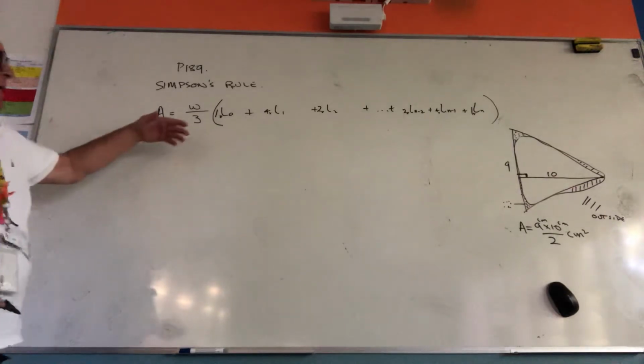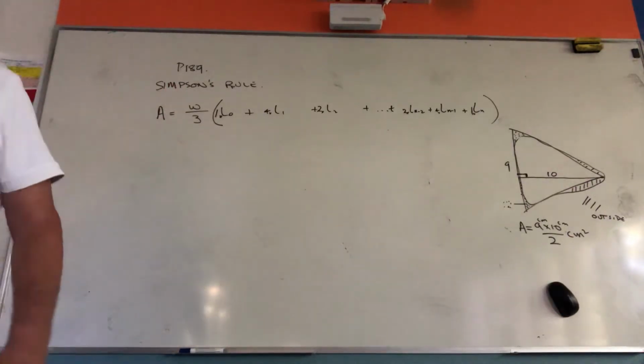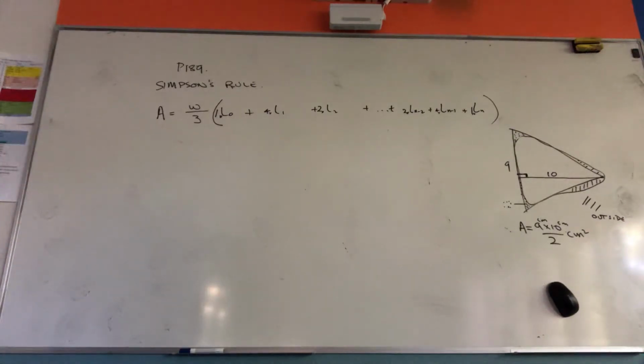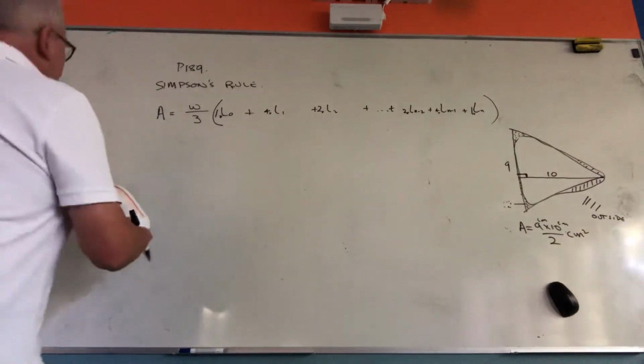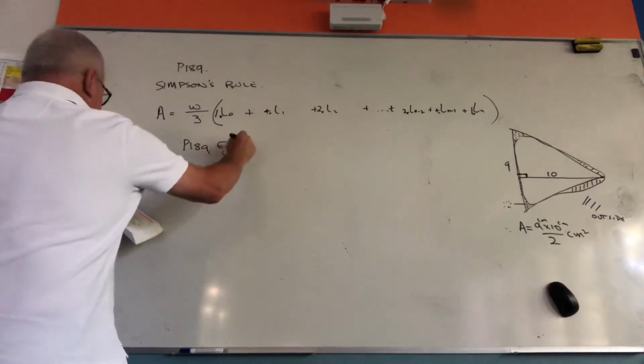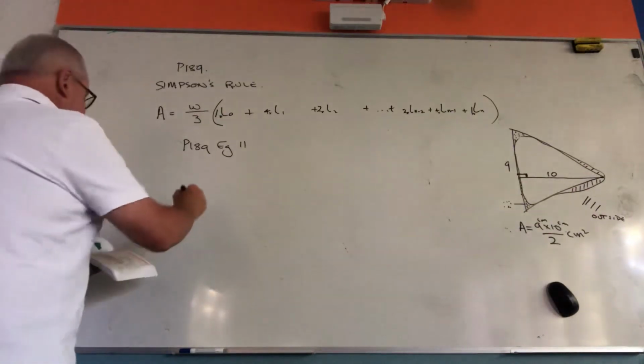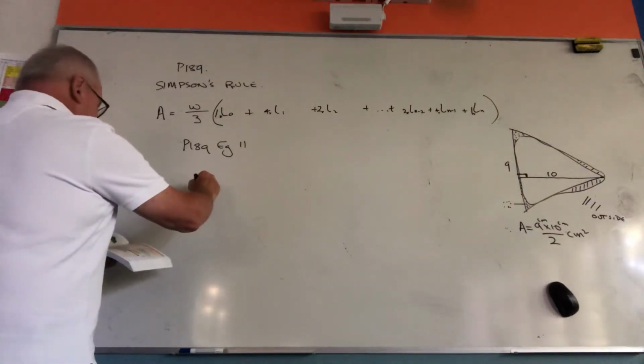Okay? Now, that's the rule. Now let's just have a look at a quick example. So if we have a look at page 189, example 11. Here's some odd looking shape.